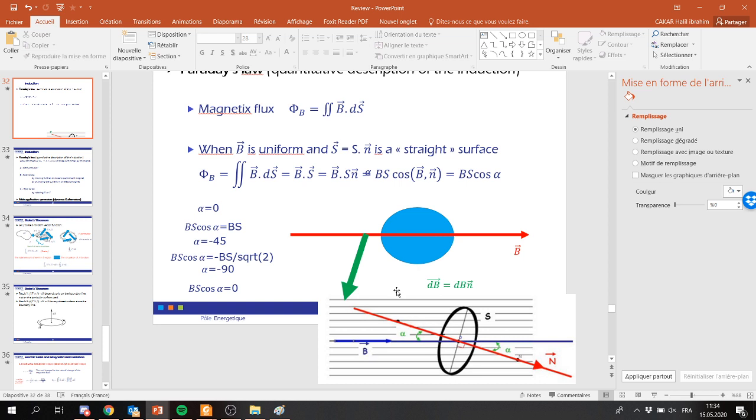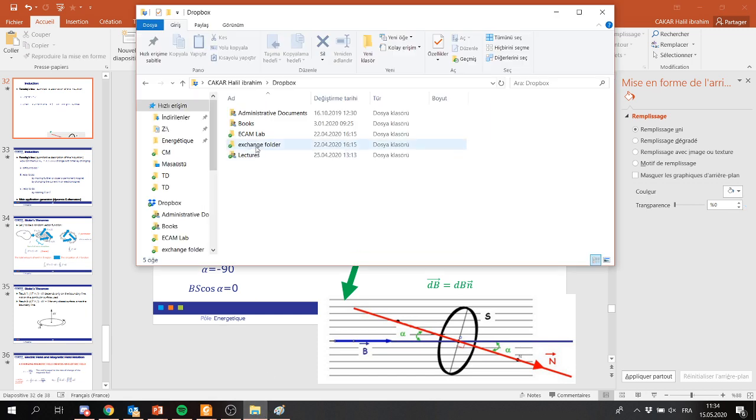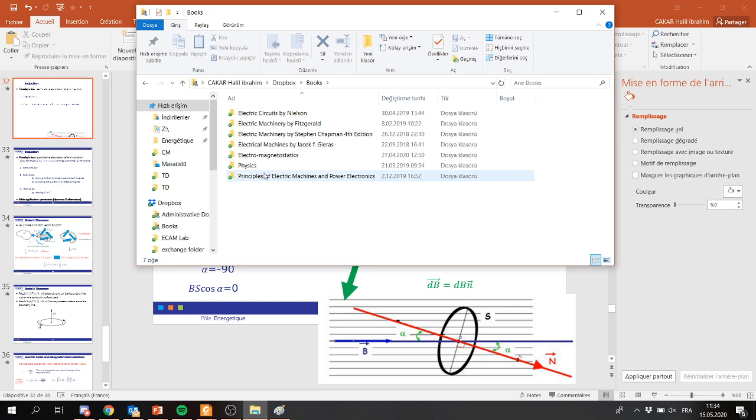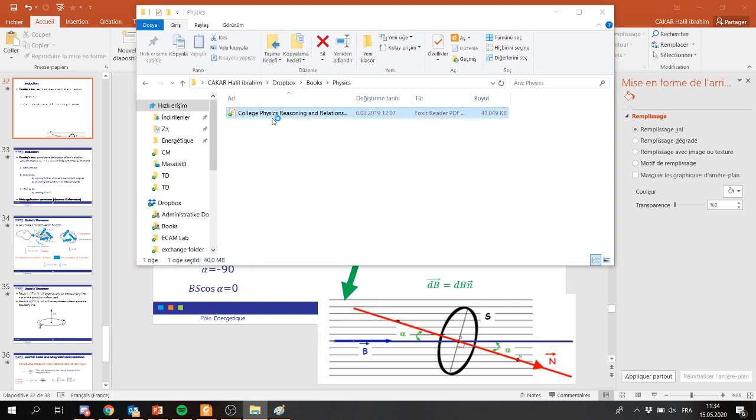Okay. In fact, for the ones who have difficulty understanding torque, let me see, I should have a textbook for you to read because it's important. Okay, this one, I think.